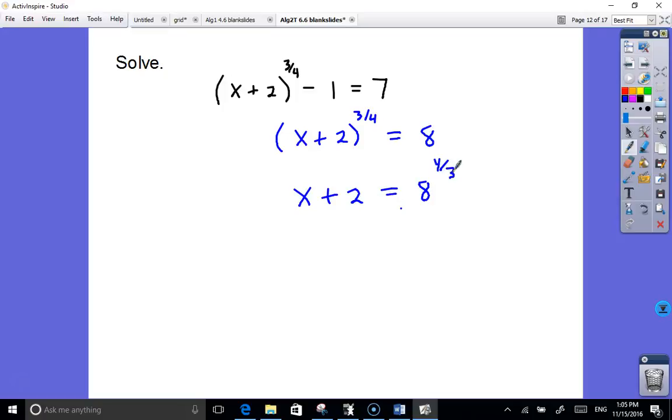And what is 8 to the 4/3? 16, right? The cubed root of 8, use the denominator first. The cubed root of 8 is 2. 2 to the 4th is 16. So x equals 14.